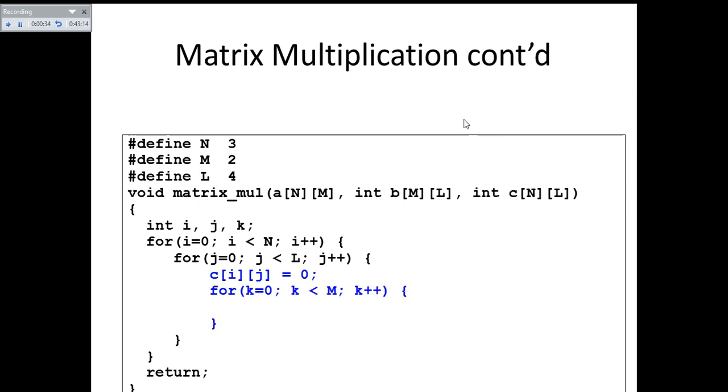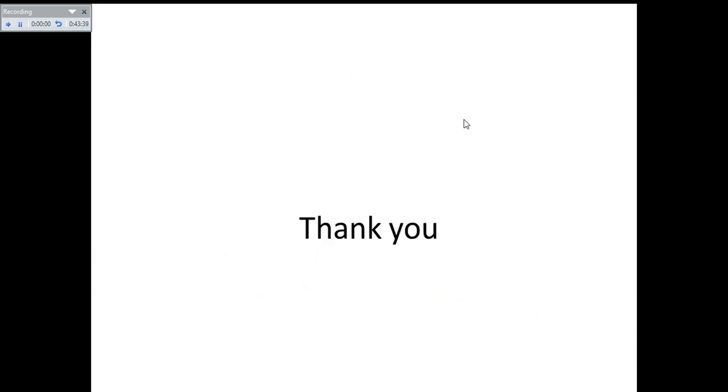Then for k equal to 0, k less than m, k plus plus should be written so that you can implement the logic of getting the individual elements of your resultant matrix C. And for k equal to 0, k less than m, k plus plus, C of ij equals C of ij plus A of ik into B of kj, which will give you the intermediate elements once you perform the matrix multiplication. This is how we have implemented the matrix multiplication.